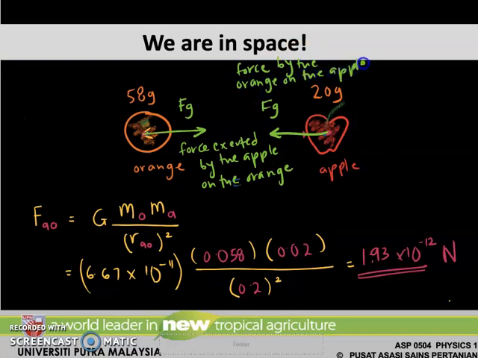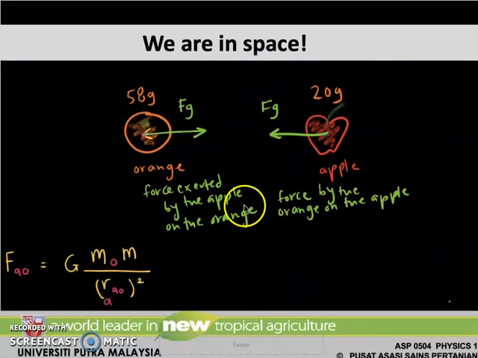Because the apple is attracted to the orange, which means that the orange is exerting the force. If the orange is attracted, it's being pulled, which means that force is exerted by the apple on the orange. Okay, so that is how you figure out the direction.